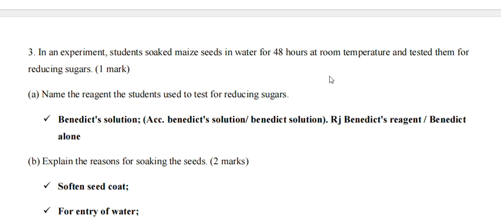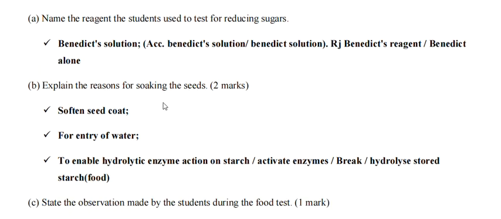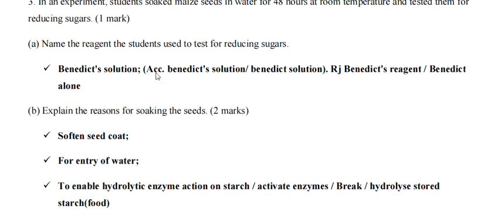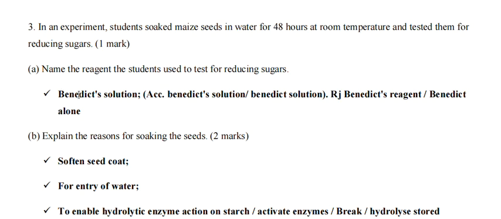Name the reagent the students used to test for reducing sugars, and the reagent is Benedict's solution, which should start with a capital B and an apostrophe between T and S. Then accept Benedict's solution with a small letter b, or Benedict solution without an apostrophe. Benedict reagent, or Benedict alone, is wrong, but to be on the safe side, it is supposed to be written starting with a capital letter, then an apostrophe between T and S.